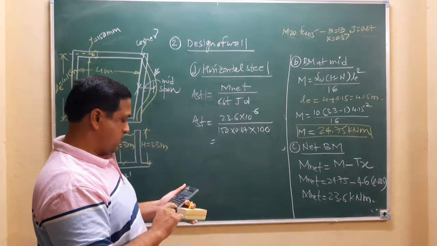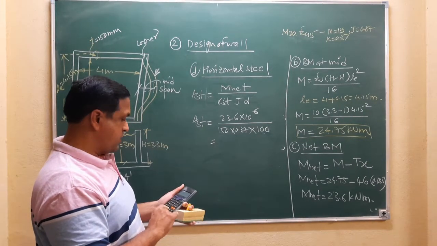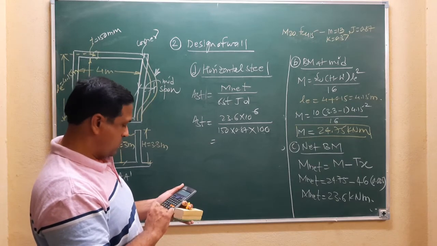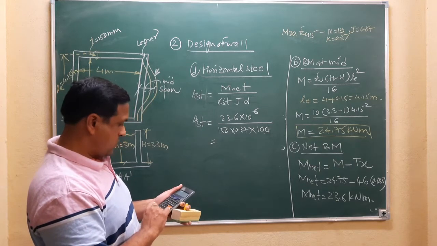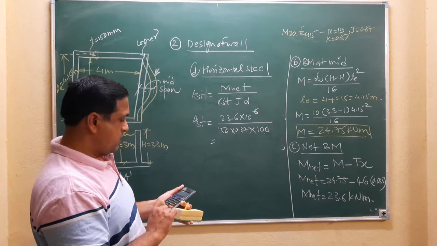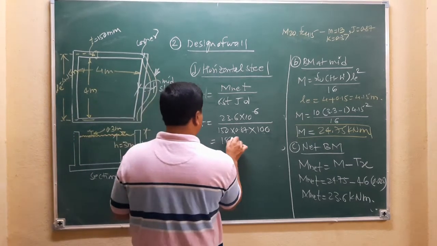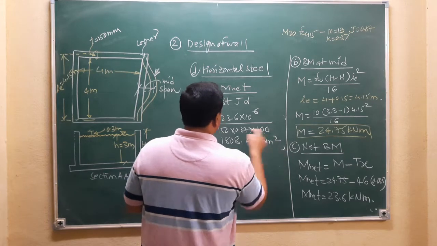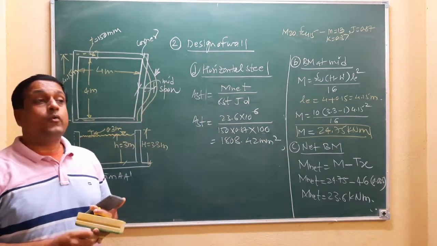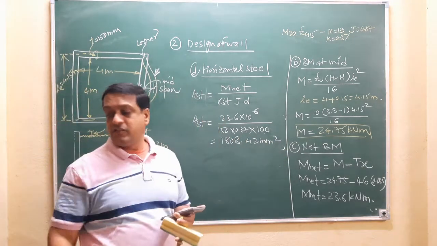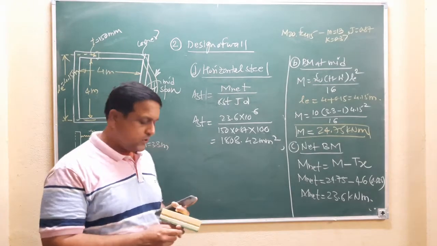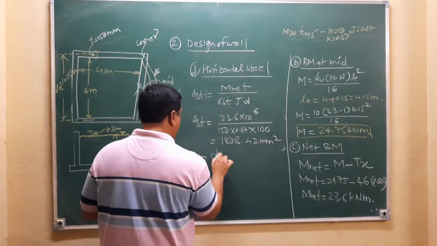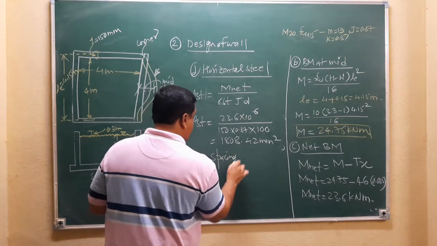So 23.6 into 10 raised to 6 divided by 150 into 0.87 into 100. So the value is 1808.42 mm square. So this steel you have to provide horizontally. Assume 16 mm bar diameter and what is the spacing?